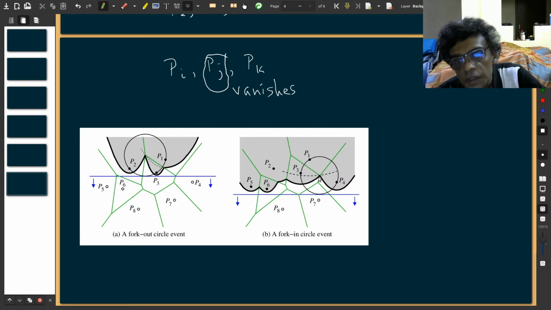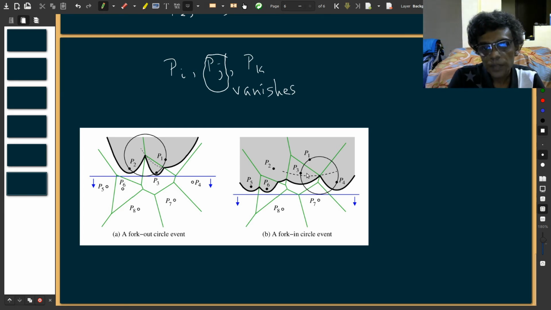So once again you see that this is a situation where three parabolas intersect. One for P3, second one for P1, the third one for P4. Okay. So now you see that the distances of this common point of intersection of the three parabolas from P3, P1 and P4 are the same.